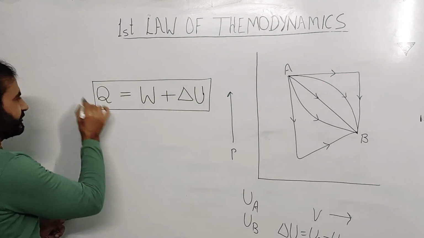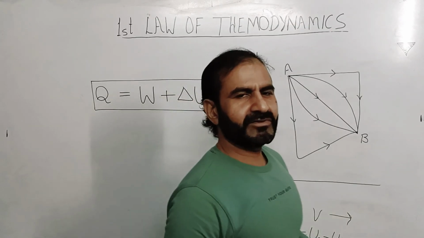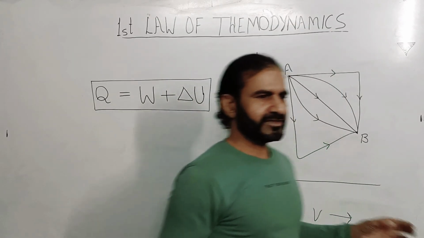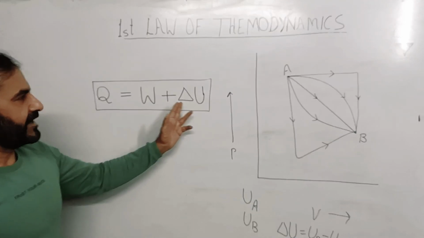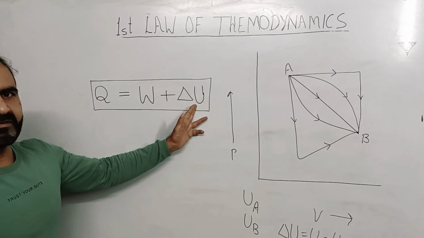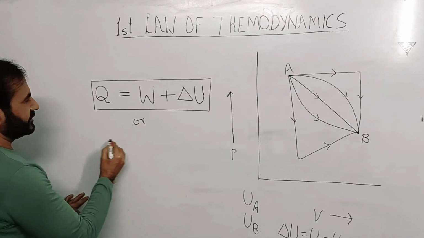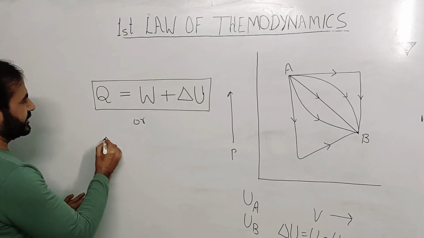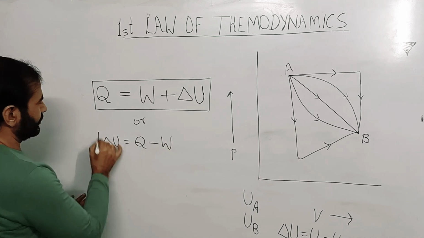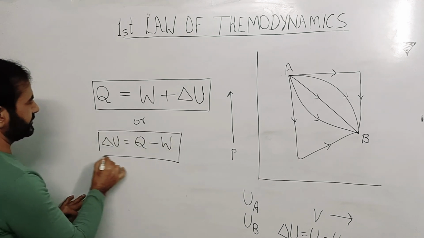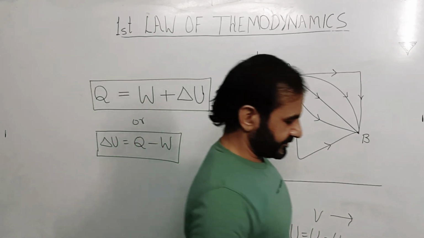The first law of thermodynamics says, if some heat is given to a system, then some part of this heat is used in doing work and the remaining part is used in increasing the internal energy. We can write this in this way: delta U equals Q minus W. This is the first law of thermodynamics.